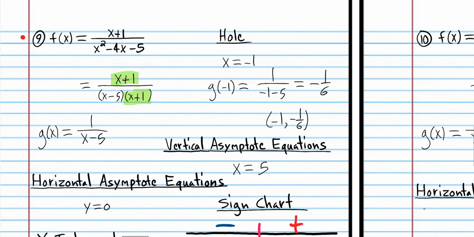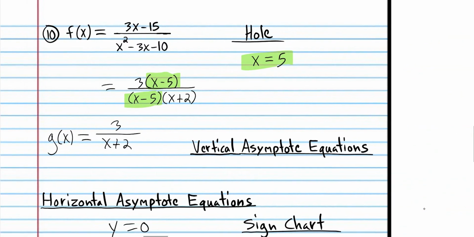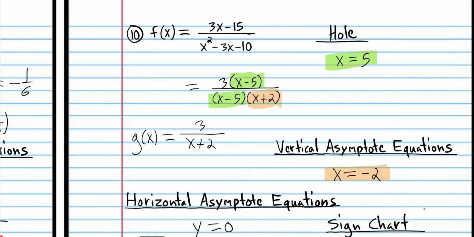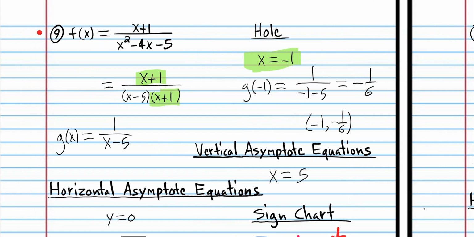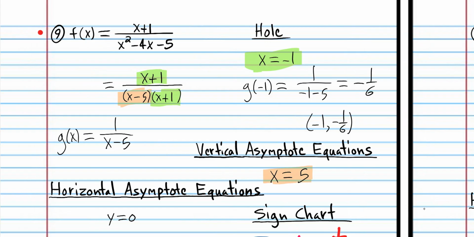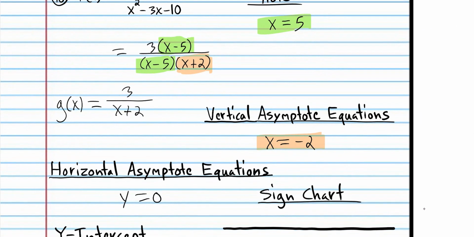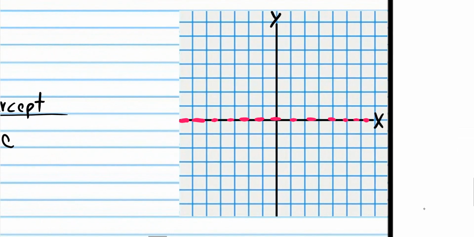And maybe I'll color code that over here too. Okay, so we also know we have a vertical asymptote at x equals -2. So we got that there, and I'll color code that on that problem also. So let's draw the vertical asymptote.